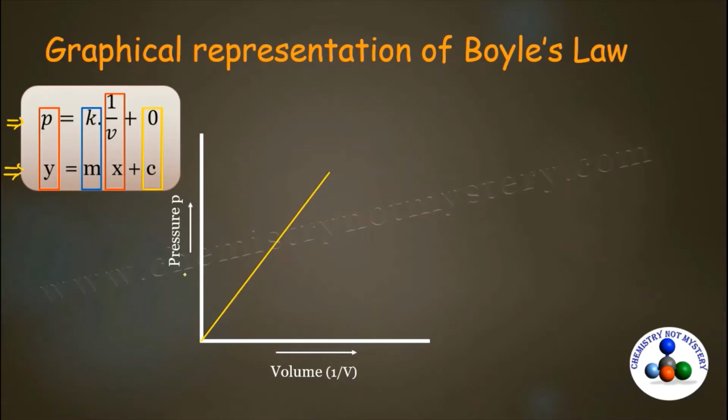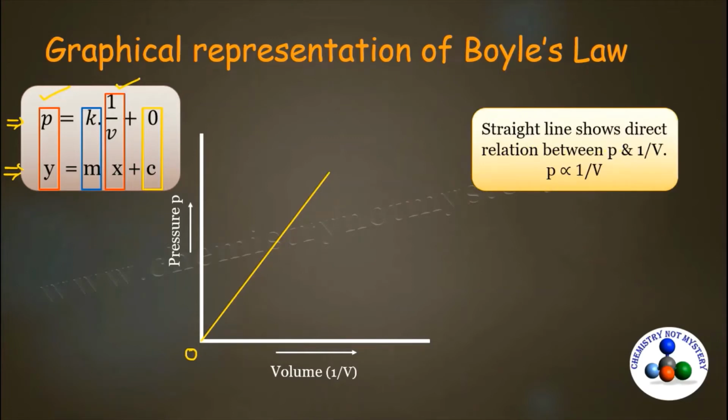So we plot pressure on the y-axis and 1 over V on the x-axis. We will get a straight line because this is a straight line equation, with slope K and intercept 0, that means it originates from 0. The straight line shows a direct relationship between pressure and 1 over volume.